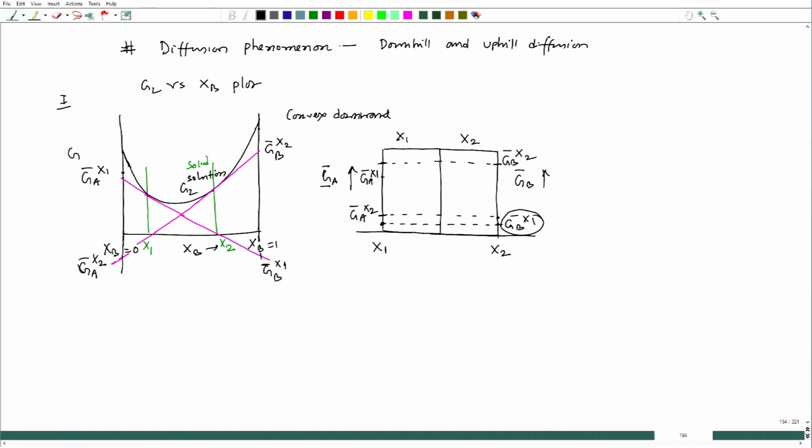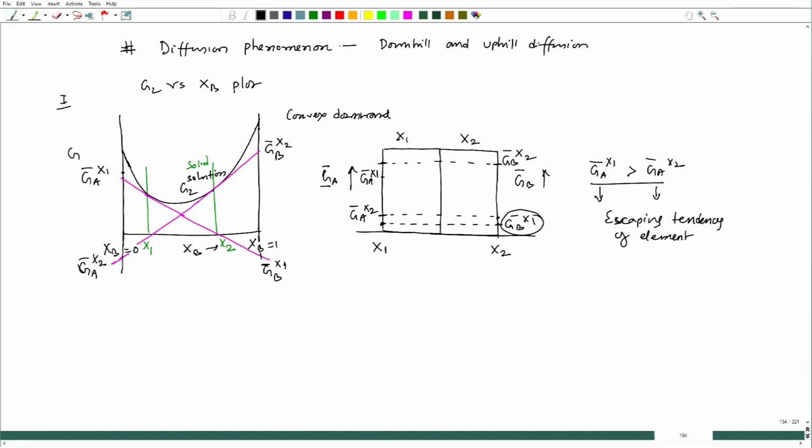Now, if I look at the variation of chemical potential, which is the molar partial Gibbs free energy of A in a solution, Ga bar at x1 is greater than Ga bar at x2. I see that, and chemical potential talks about the escaping tendency of the element.